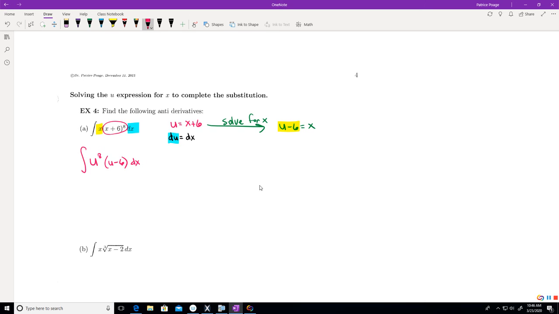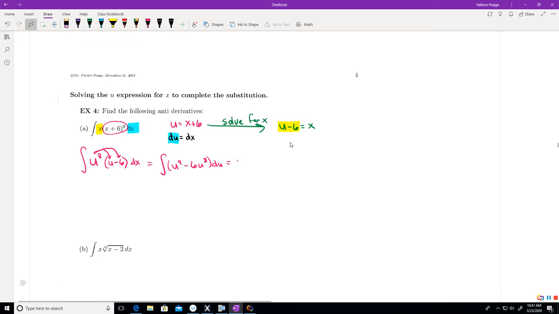So now look at this. We can multiply u to the 8th into this one because it's to the 1 power. So multiplying them in, when you multiply like bases, you add the exponents. So u to the 8th times u to the 1 is u to the 9th minus 6u to the 8th. Then I'm going to integrate.